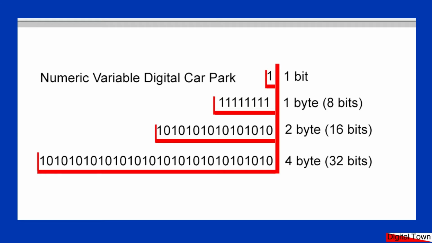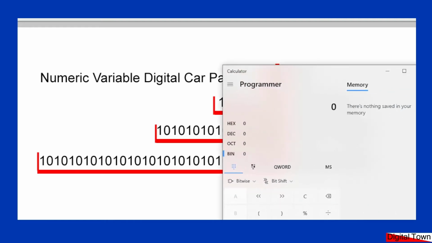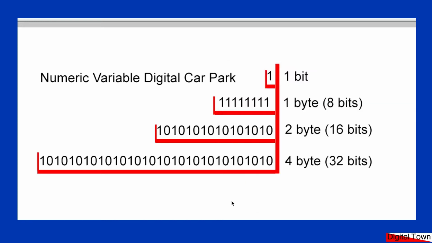If you remember on our calculator, I'll bring that in. 8 bits, 1, 2, 3, 4, 5, 6, 7, 8. 8 bits, 255. Let's move that one out. Okay, so that's our digital car park.